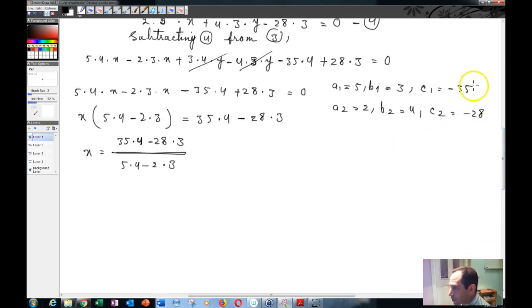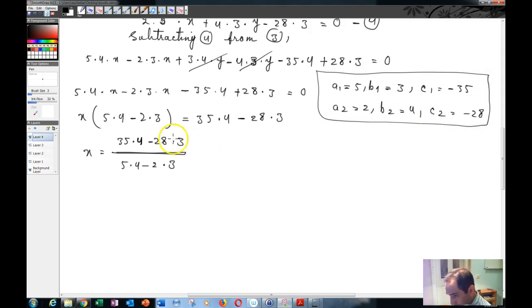So what I've gotten here as x, I can write as 35 times 4, so that is b2 times c1, but the negative of that.